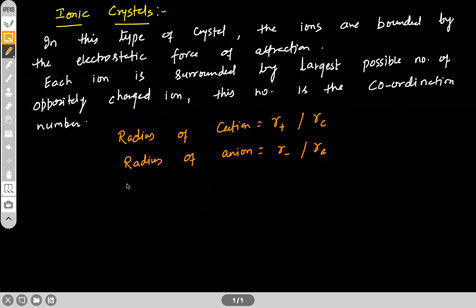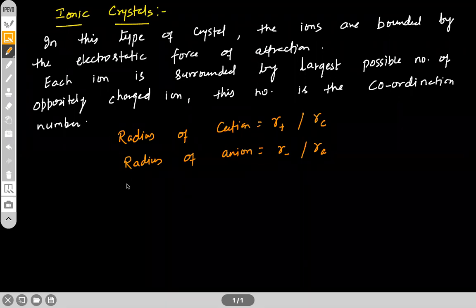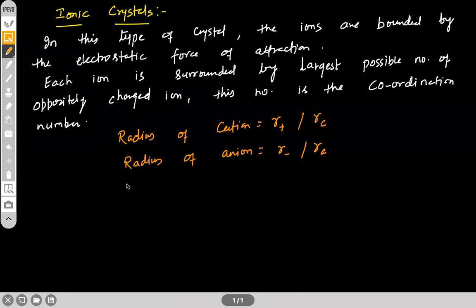And the size of the void also depends upon the size of the anion, what is the size of the anion we have and their relative arrangement. So obviously we have a certain ratio of cations and anions, that is R plus and R minus. And with that only we'll have the coordination number, right? So for a given coordination number, we have a fixed radius ratio, radius of cation and radius of anion.